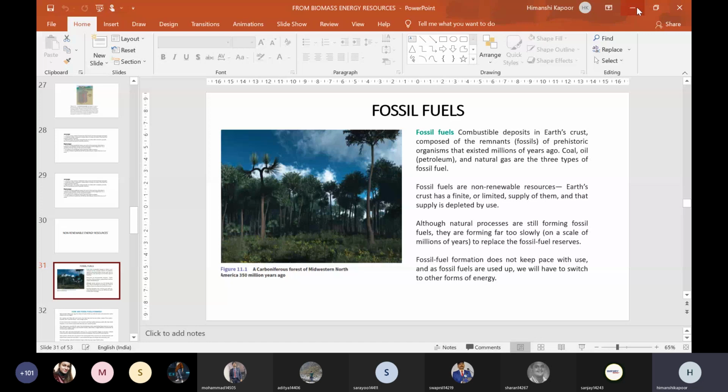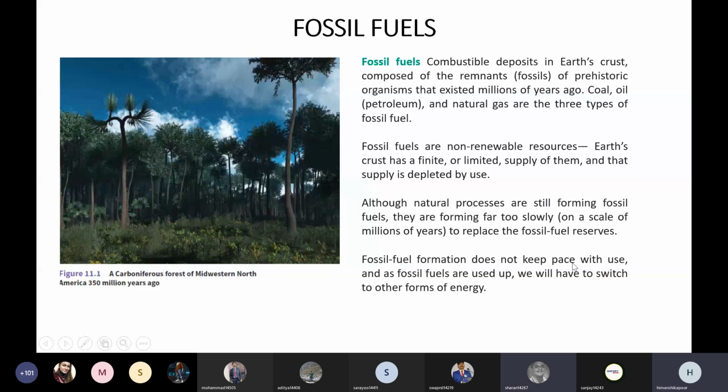More than 100 years this process continued, and due to this process we now have what are being used as fossil fuels. We are extracting these fossil fuels and obtaining energy out of them. So what is the limitation with these fossil fuels? They are in limited supply.